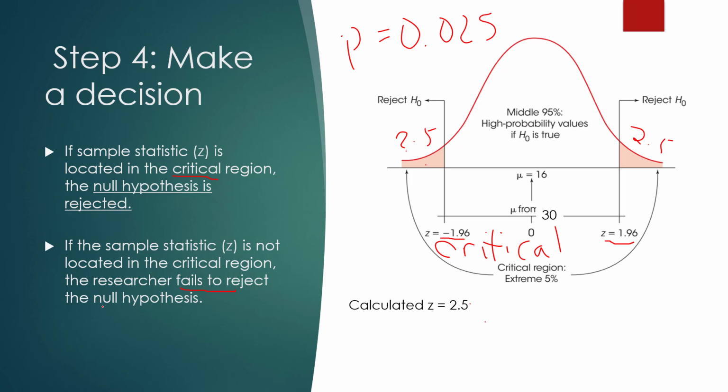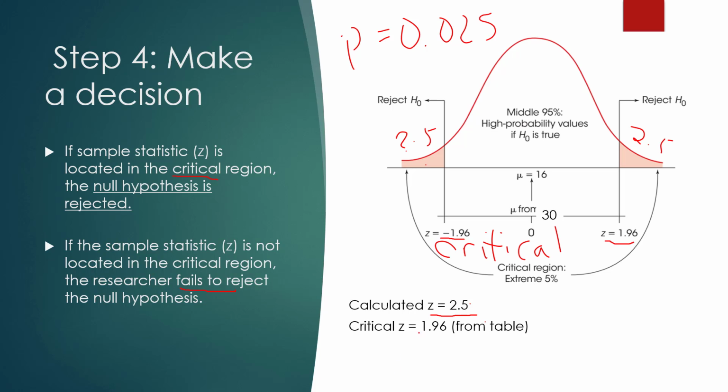So remember from the previous slide, our calculated z-score was 2.5. It's a positive number, so it's going to be on this side. Now the question is, does it fall in the critical region? This is 1.96. Does 2.5 fall out here? It does. It's not because it's 2.5%, it's because the number is 2.5.